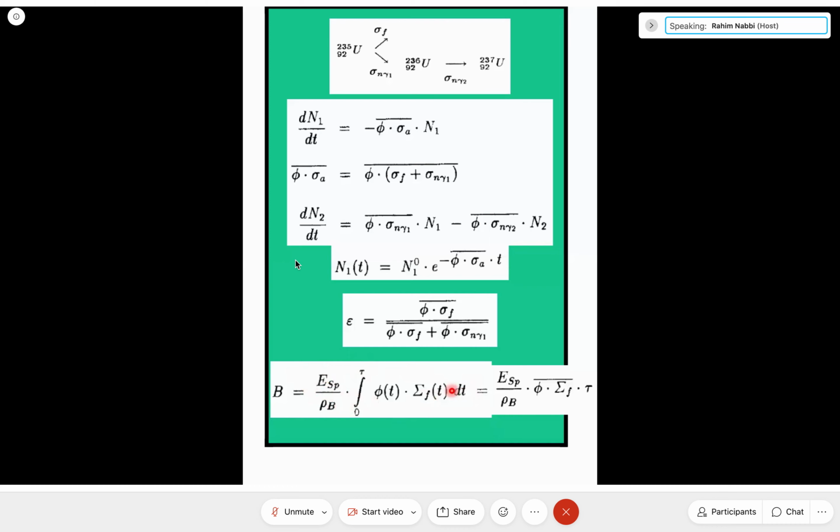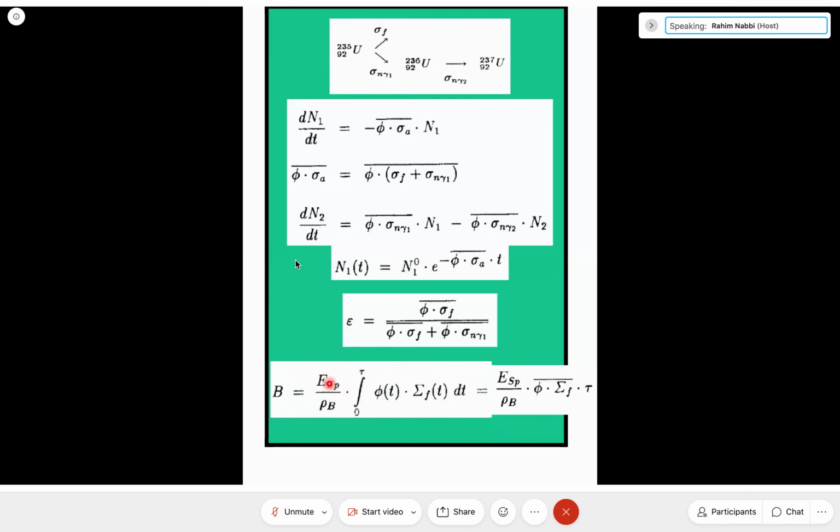But what is the energy? The energy unit is joule, for example, or watt second, which is the same, or megawatt second, or megawatt day. That means power multiplied by time. That is in 1 cubic centimeter.